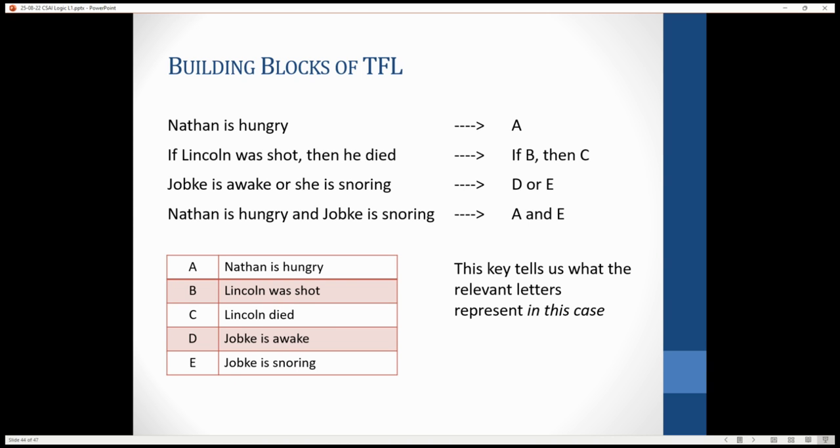It's the best rule. So, what we just did, this sort of mapping, that's really what TFL is about. We're going to show how we could map English to TFL, and then we're going to develop some machinery that will let us assess TFL sentences, arguments, things like validity, joint consistency or inconsistency, being a necessary truth, necessary falsehood, or a contingency.